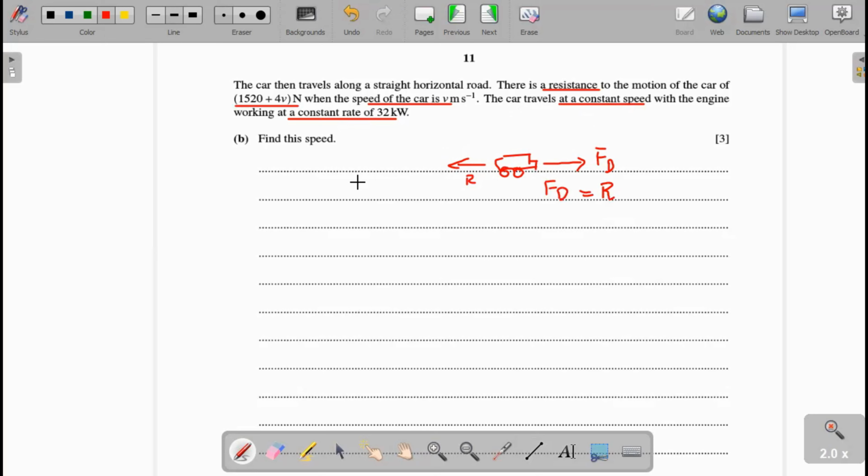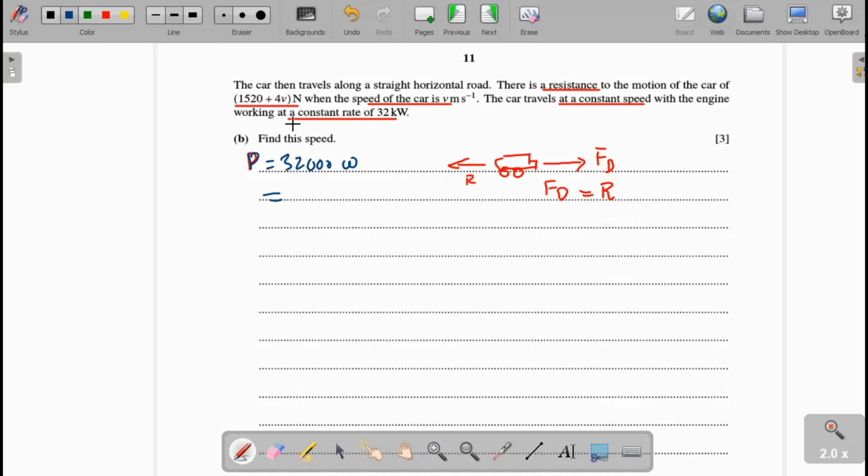Therefore, the power is given as 32,000 watt.